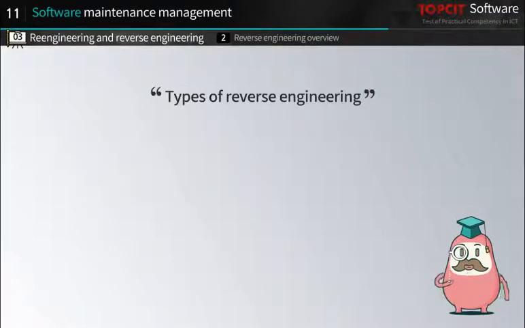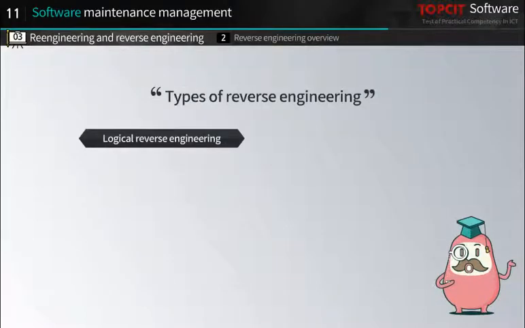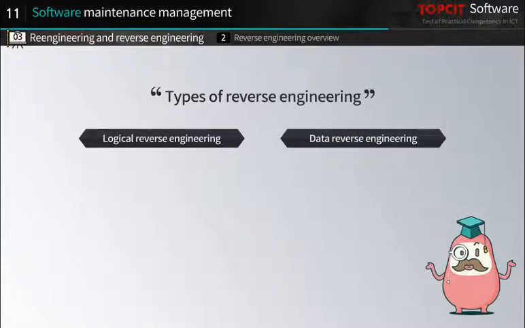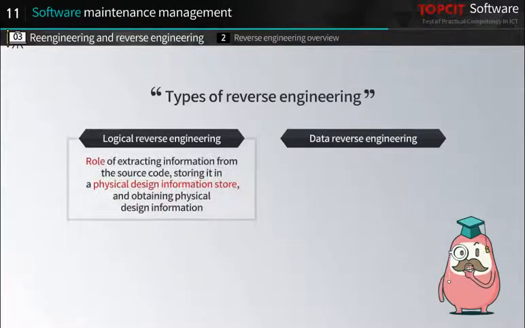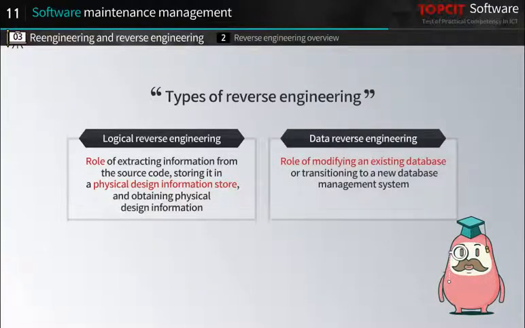Types of reverse engineering include logical reverse engineering and data reverse engineering. The role of logic reverse engineering is to extract information from the source code, store it in a physical design information store, and obtain physical design information. Data reverse engineering plays the role of modifying an existing database or transitioning to a new database management system.